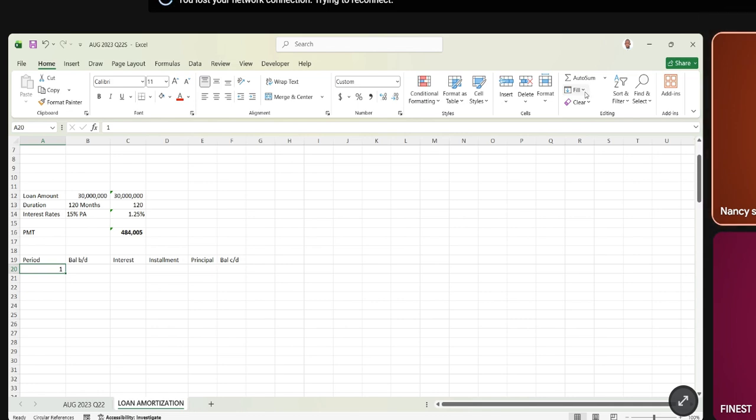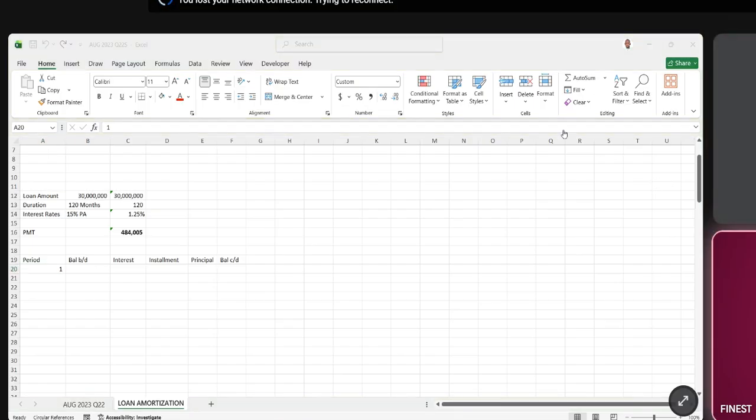Mimi nitatumia tu sequence mwalimu. As long as you have 1, you are good to go.